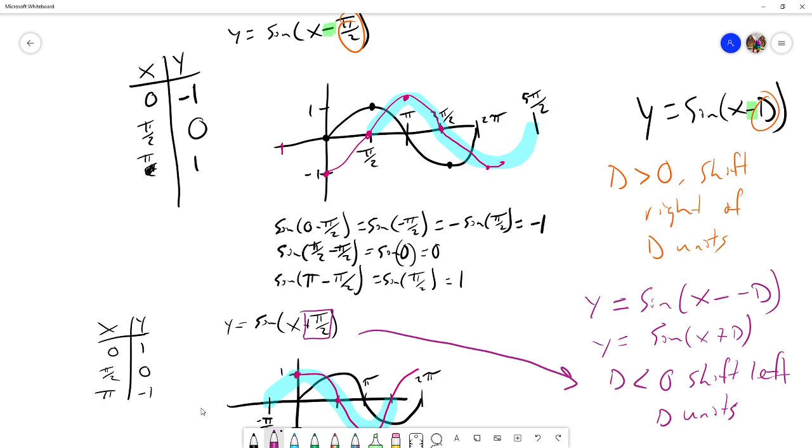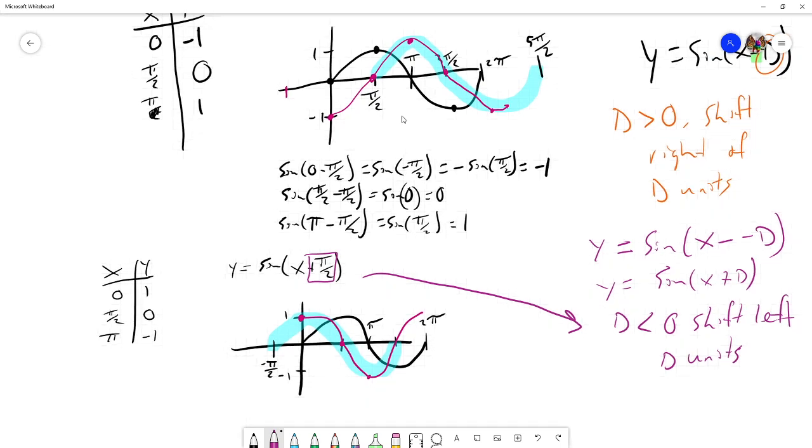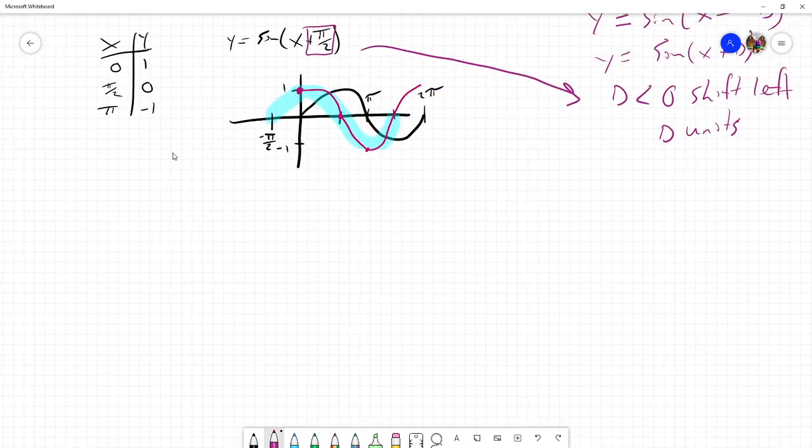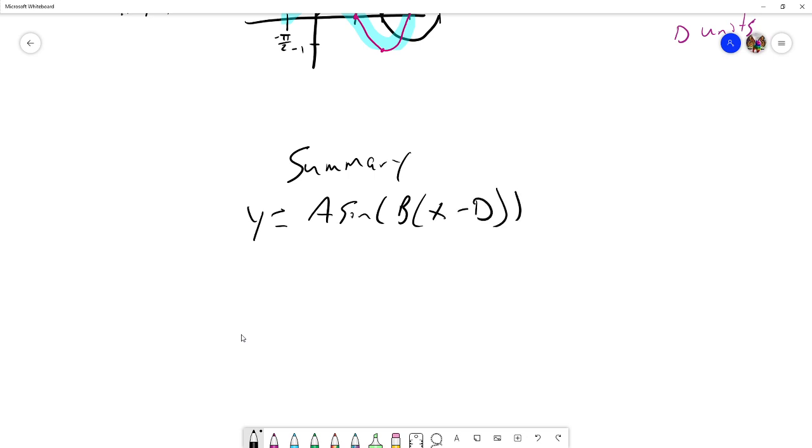So we want to summarize our results now, because we've now taken into account all of the transformations, and that's super exciting. So, summary. If y is equal to a sine of b of x minus d plus c, the absolute value of a is going to equal the amplitude.